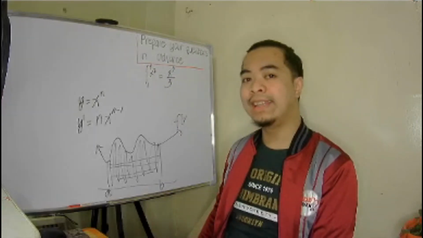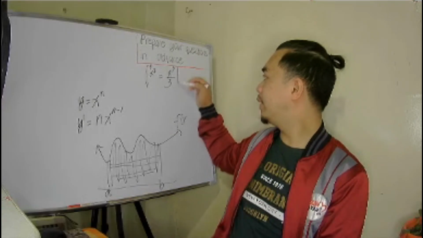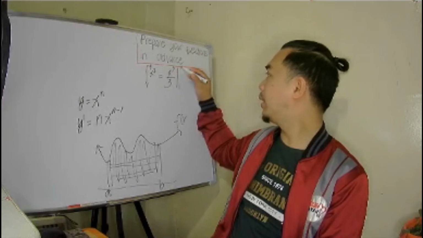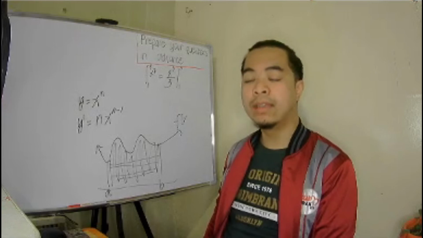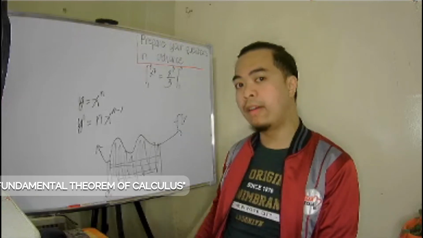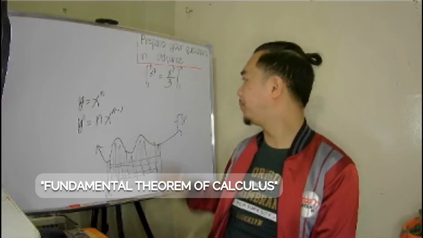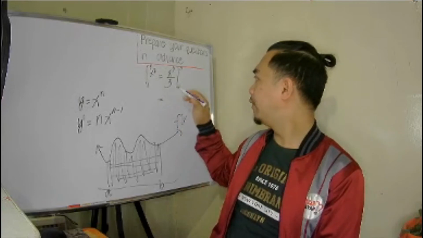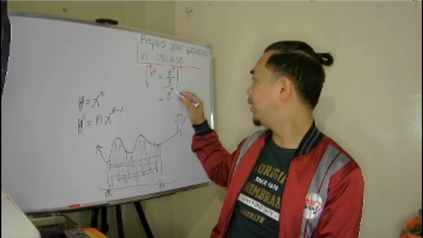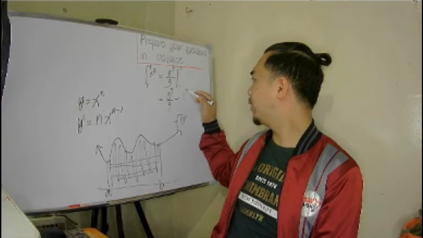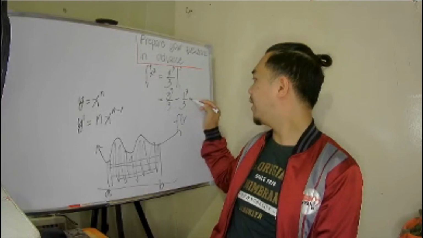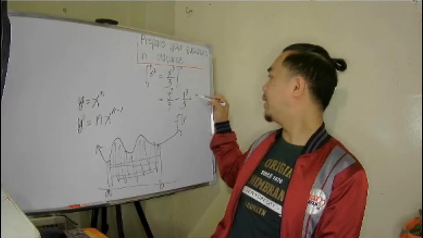Power rule for integration. And since we are evaluating from 1 to 3, we can make use of the fundamental theorem of calculus, the second one. So that we have 3 cubed over 3 minus 1 cubed over 3. Simplifying this, we would have 9.